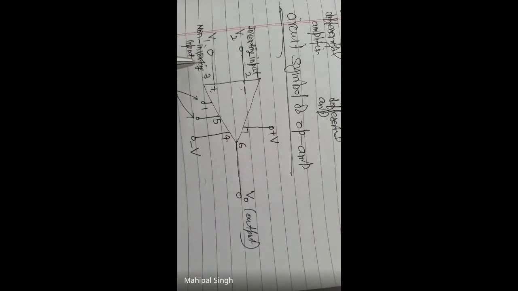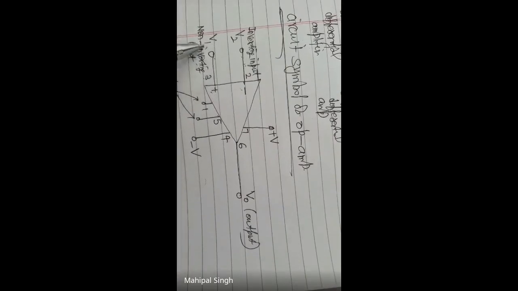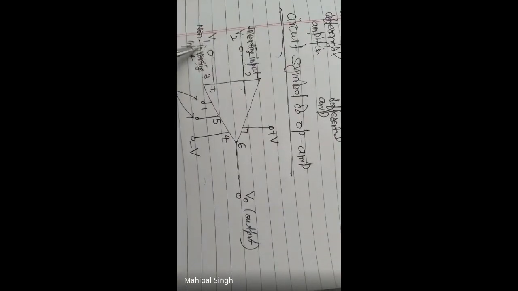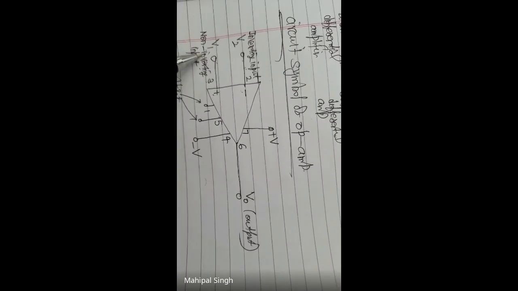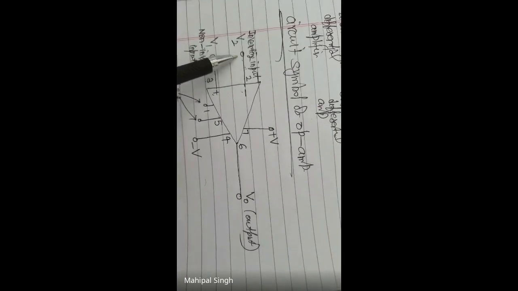The operational amplifier amplifies the difference between the voltages applied at the non-inverting input and the inverting input. It will amplify the difference that appears here. And in this figure we can see that V1 is the voltage applied at the non-inverting input and V2 at the inverting input.